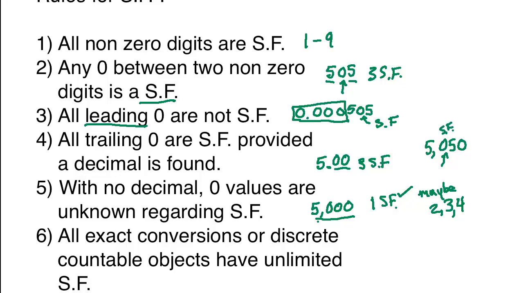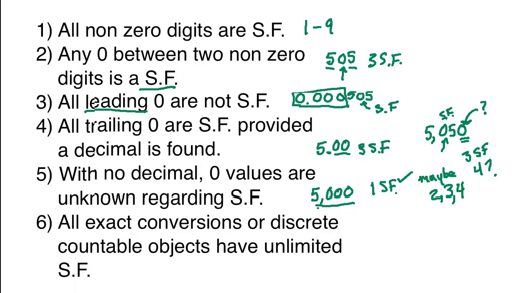The last one trails, there's no other non-zero digit after it, and there is no decimal point, so this one's questionable. So the minimum that you would have here would be 3 significant figures. You are sure of those first 3 numbers using the higher rules on the list, and then it could be 4 significant figures. We're not as sure about that one.